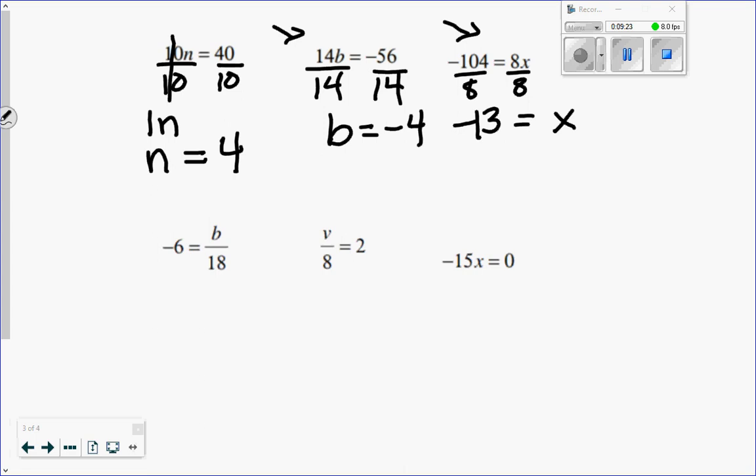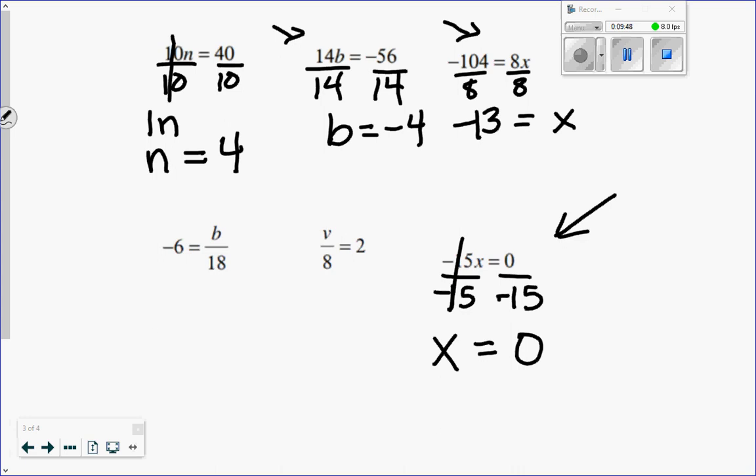Down here in the bottom, we're going to come down to here first, because here we're still multiplying. The negative 15x is still multiplying. But I wanted to show you this one. This one's kind of a special case. So you'll still have x, but 0 divided by anything is 0. Don't see that too often, but it does happen occasionally.